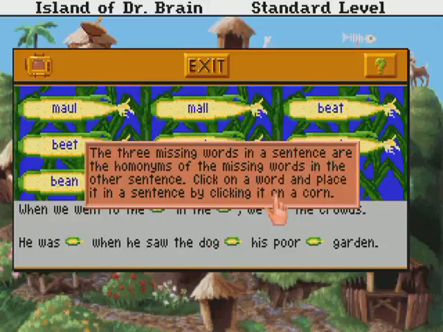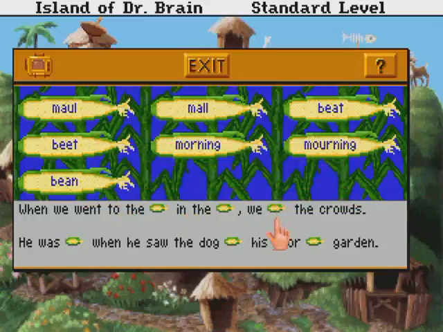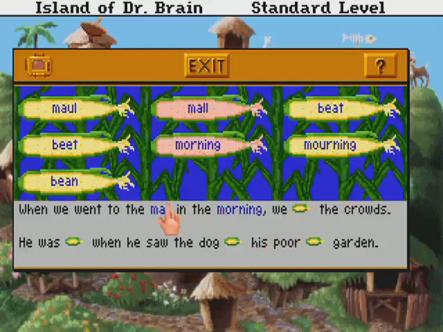Yeah, well. When we went to the corn, right. Let's see, the homonyms of the missing words in the other sentence. Click on the word and place it in the sentence by clicking on the corn. Alright, so the words need to sound alike and then... Alright, we went to the mall, I guess. In the morning, we beat the crowds. Yeah, that's correct.